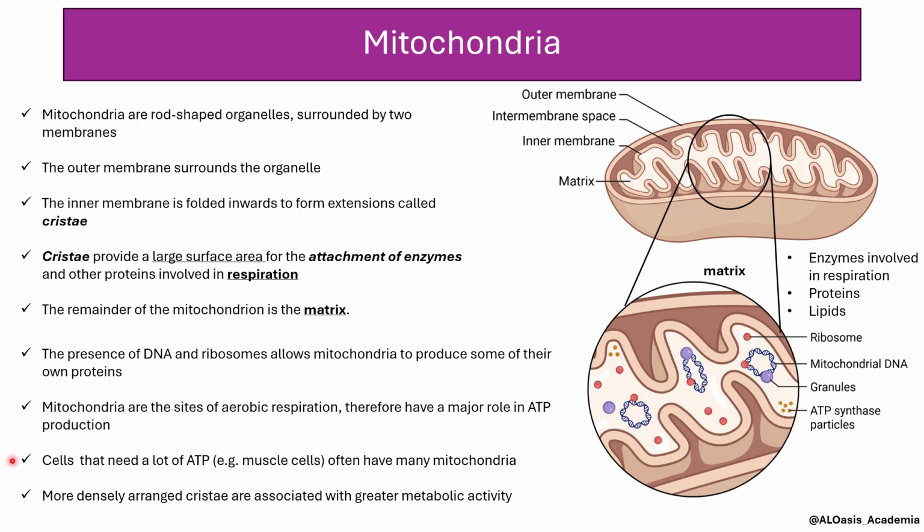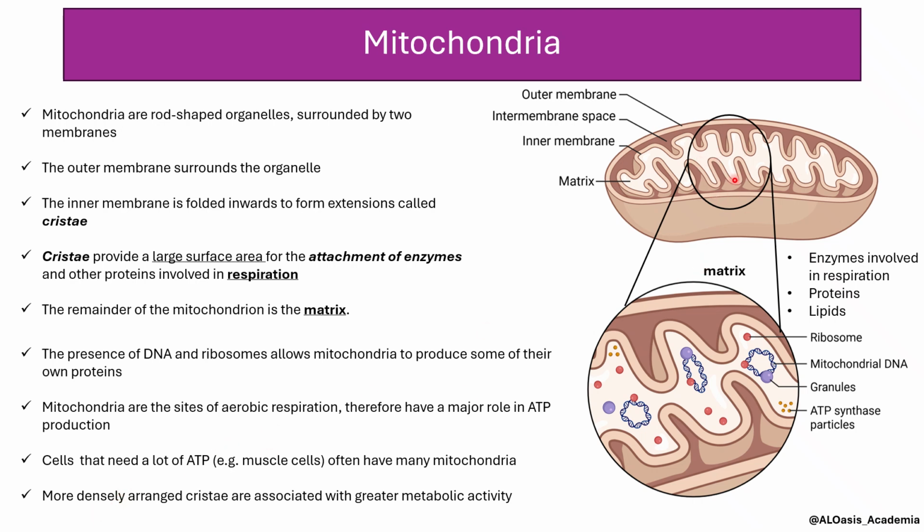And as we said, this takes us to the very beginning of this video. The first concept we introduced is that different cell types will have different functions, and therefore they would have different numbers and proportions of organelles. So if a cell needs a lot of ATP, then it would have a lot of mitochondria to produce a lot of ATP.